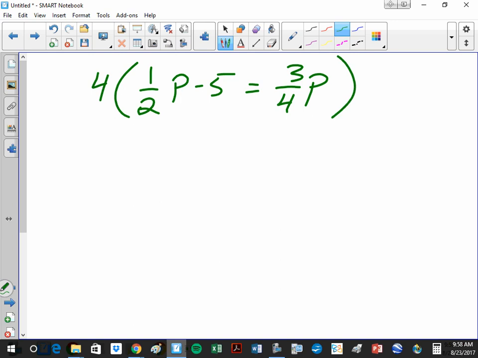And then I get 4 times 1/2 is really just 2. So 2p minus 4 times 5 is 20 equals 4 times 3/4. You can look at it as 12 over 4, or what is 4 times 3 over 4? It's just 3. Okay?